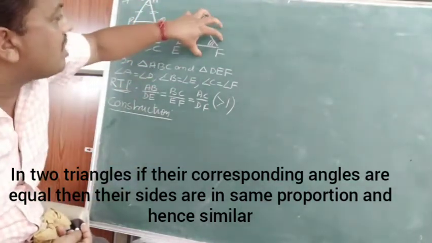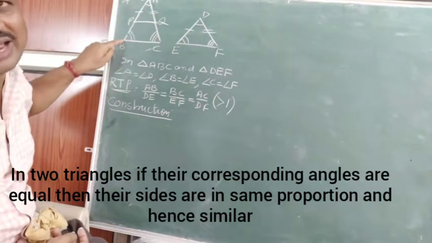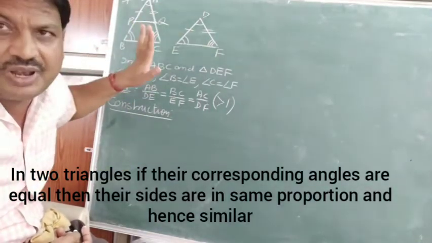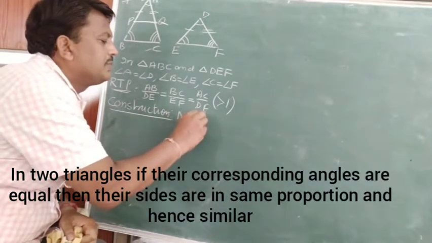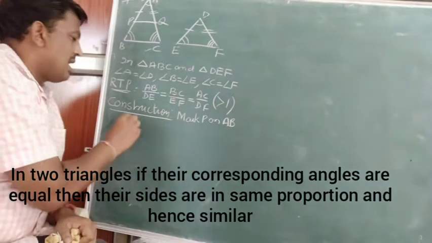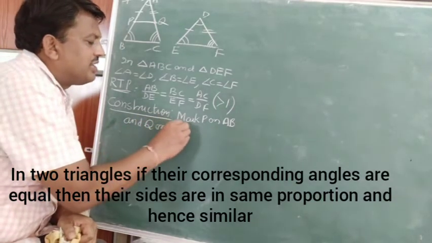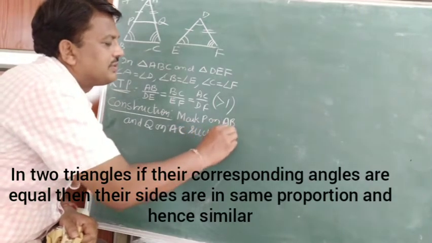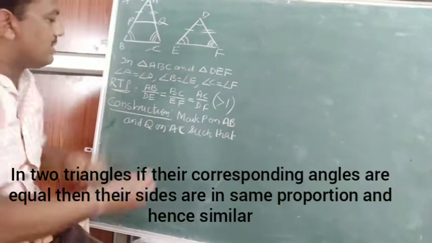Okay children. The same thing can be kept here also, such that E and B coincide. Any one angle will coincide because the sizes are different children. So I am writing: mark P on AB and Q on AC such that this length is equal to this length.